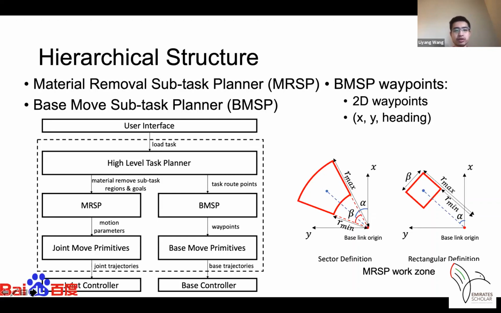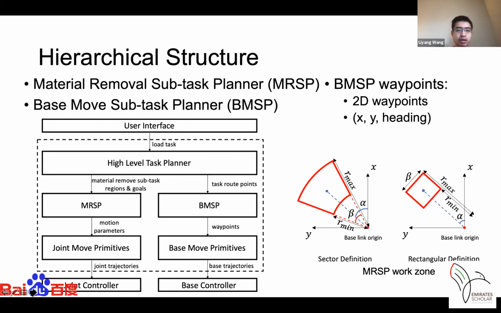We make this division because in most general cases, the excavator is either moving the base using the track, or staying in the same position and just using the arm to dig or dump. So if we can separate these two kinds of motions, it will make the architecture more clear. So please see the figure on the left.